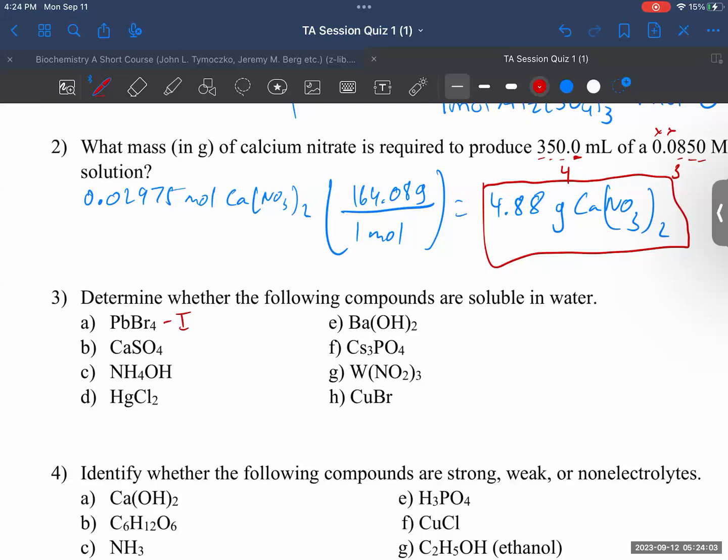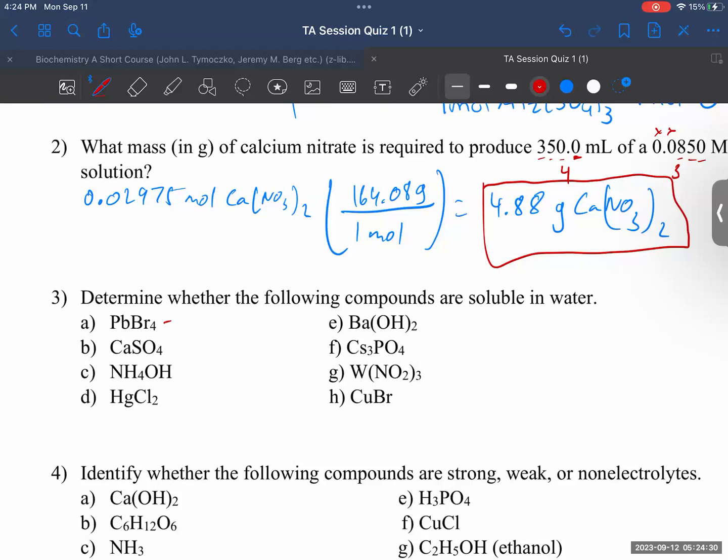So since this is lead 4 and not lead 2, can we make the generalization that lead 4 is going to be insoluble? To put it in simpler terms, lead 2 is the one you see on the solubility chart, right? So since this isn't lead 2, can you make the same exception? Can you make the same rule?